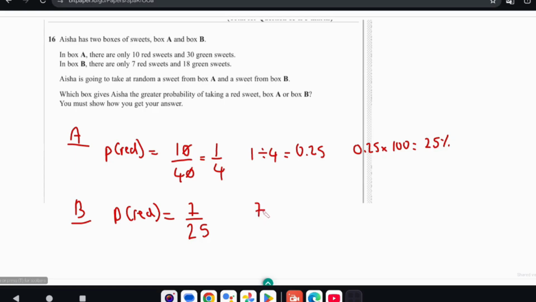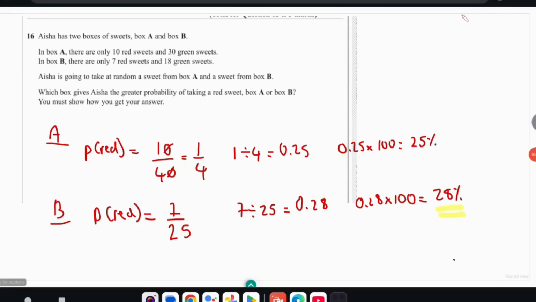Similarly here, 7 divided by 25. 0.28, times it by 100. So as you can see, 28% is higher. So the answer is box B.